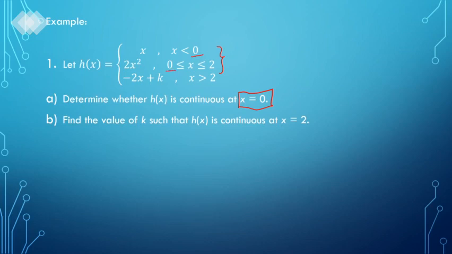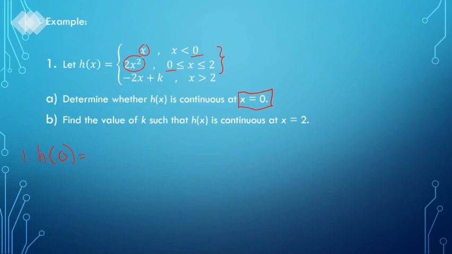So both functions have 0, only which one we use, we will decide later. So we go for condition number 1, h(0), meaning x equals 0. So which one do we use? These two functions, this one or this one. Which one do we use?